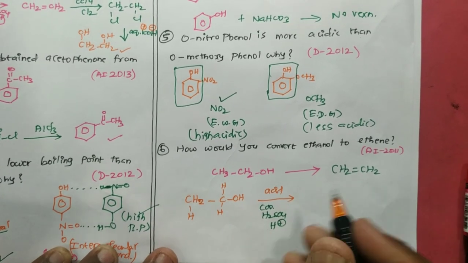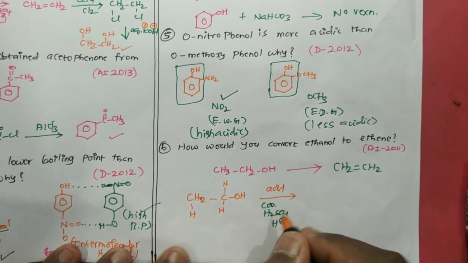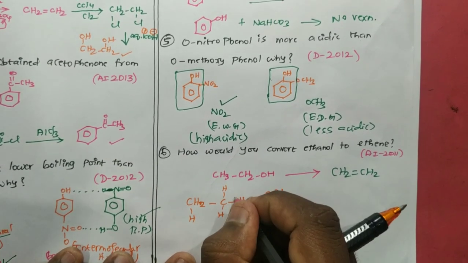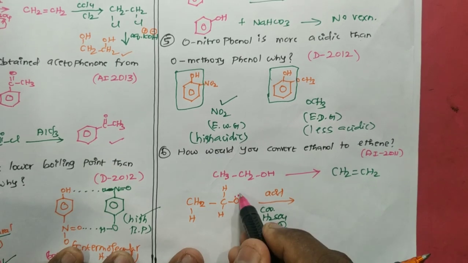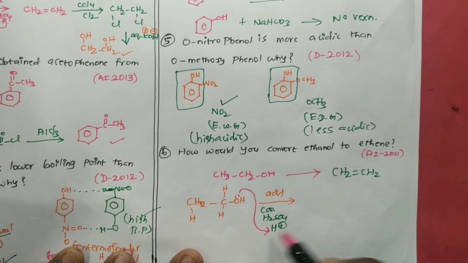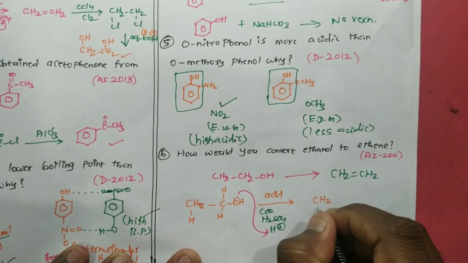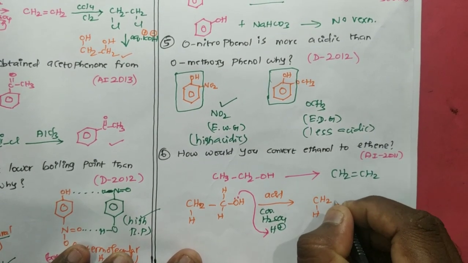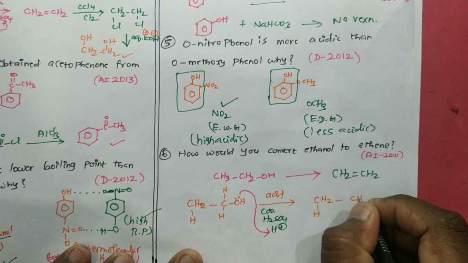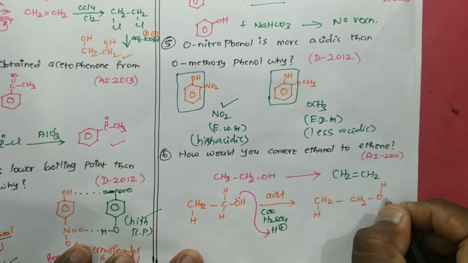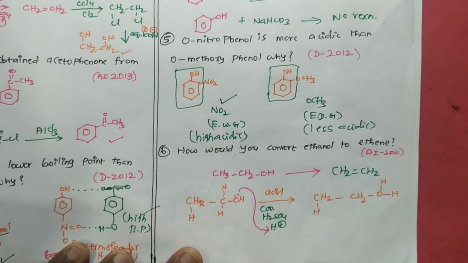Now, this H plus ion will come and attack because the OH group has a lone pair of electrons. The lone pair of electrons will be given to H plus. So I will be getting CH3CH2, with O, and one hydrogen is already there and one more hydrogen is added.